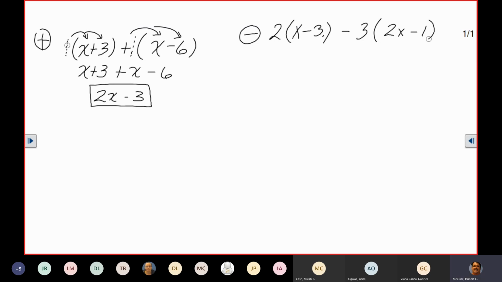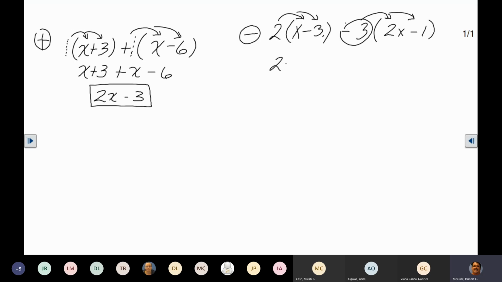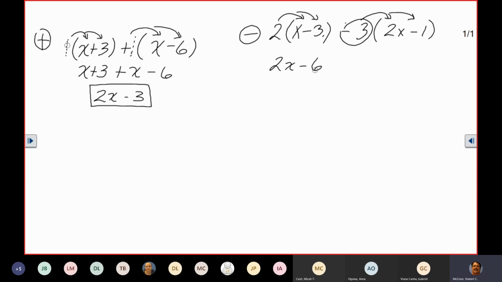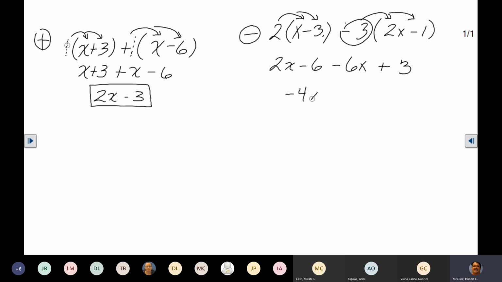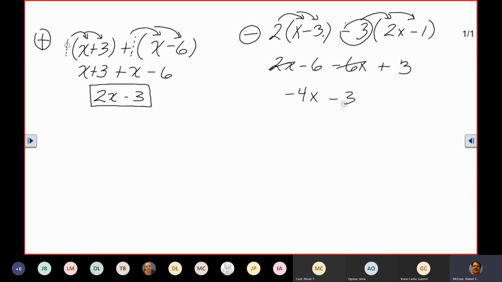And you were told that that's a 2, so you just distribute that 2. And that's a negative 3. You're told to distribute that. And you get 2x minus 6 minus 6x plus 3. And you were told to combine like terms, negative 4x and negative 3.